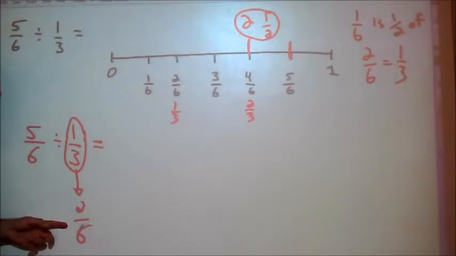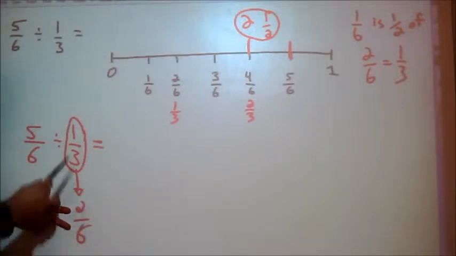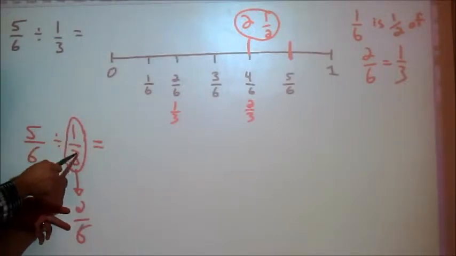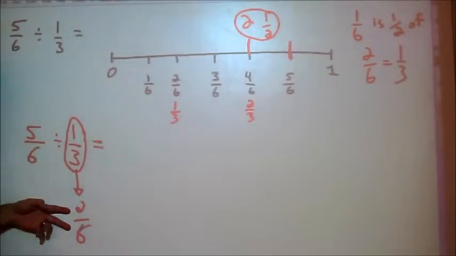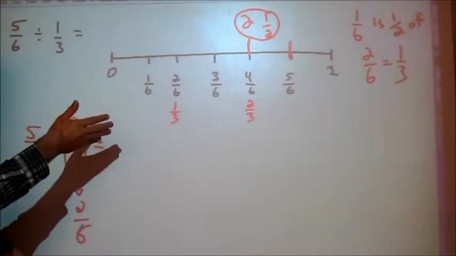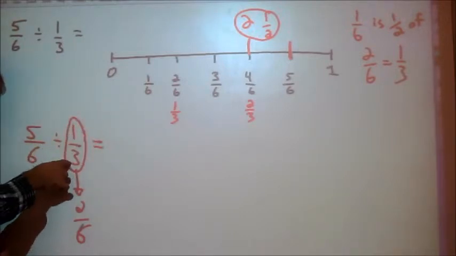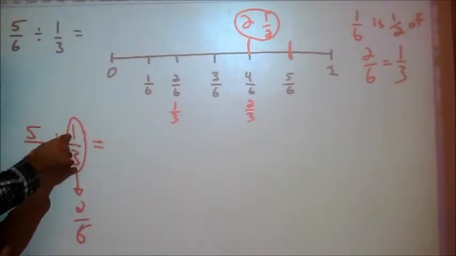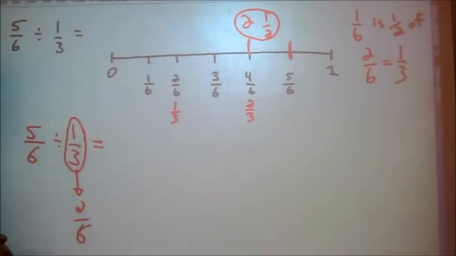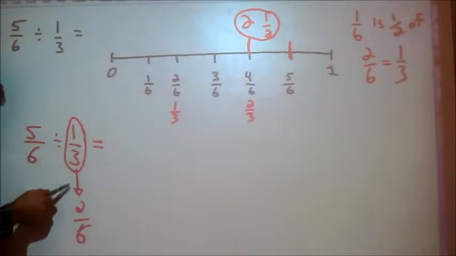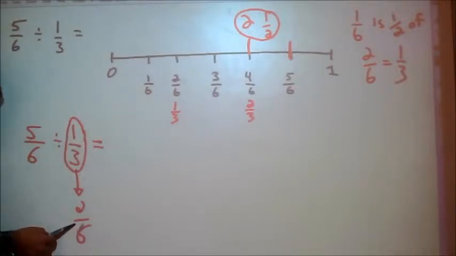And all we did to do that is we took each of these numbers, the numerator and the denominator, and we multiplied them both by 2. In fact, we can multiply them by any number. Say 10. 1 times 10 is 10. 3 times 10 is 30. So 10 over 30 is an equivalent fraction of 1/3. In this case, we just multiplied each of those by 2 to make it 2/6.